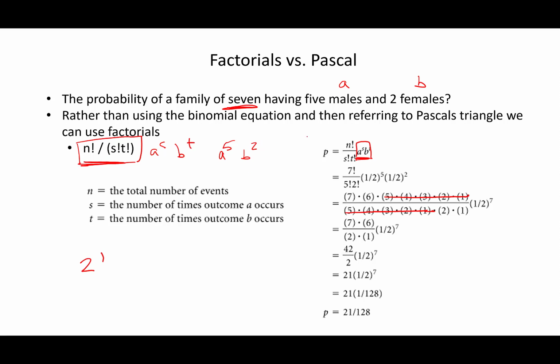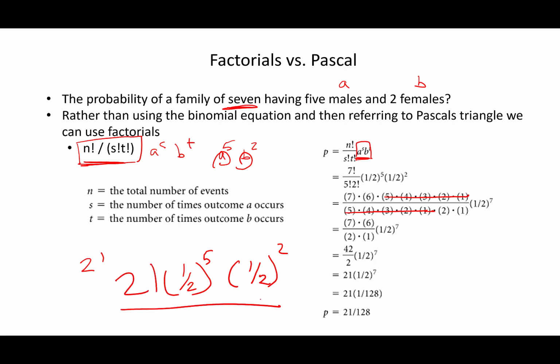Now you may be asking, but what is A and what is B? Well, A and B are the probability of that event occurring. So what's the probability of being male? 1/2, right? What's the probability of being female? 1/2. So we're looking for this equation, 21 times 1/2 to the 5th, 1/2 squared.